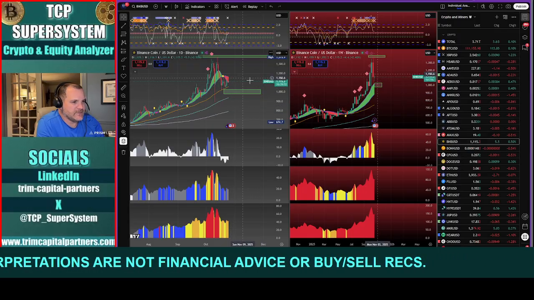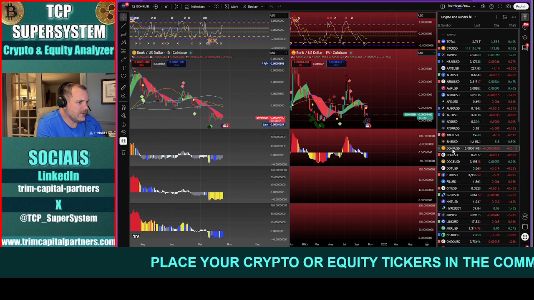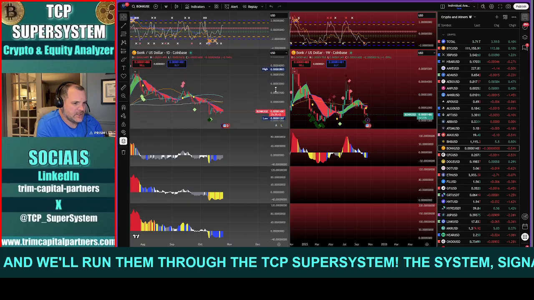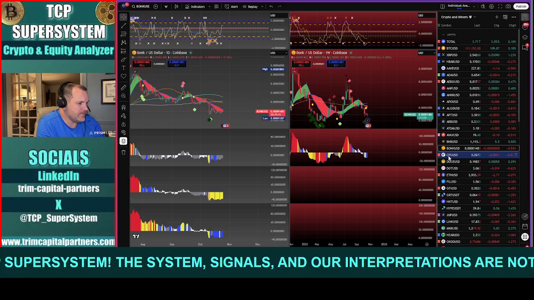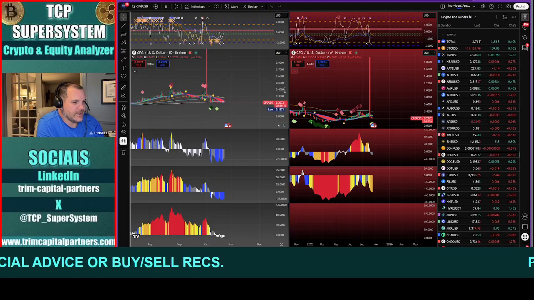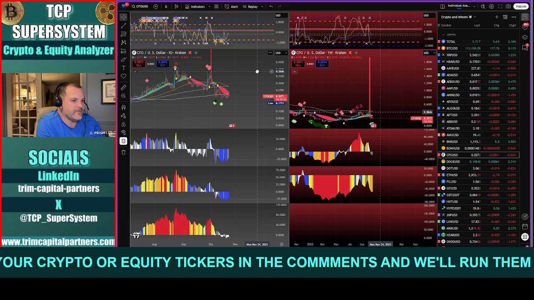Same thing for BNB. It's in the volatility zone there. For you meme coin lovers, here's bonky donk, is what I call it. Same thing, so I'll skip it. Centrifuge. I'm telling everybody, this is my sleeper. I don't know why.